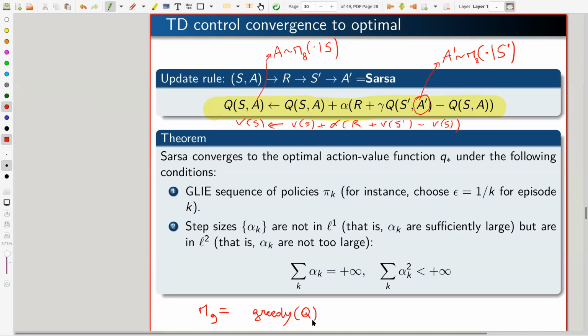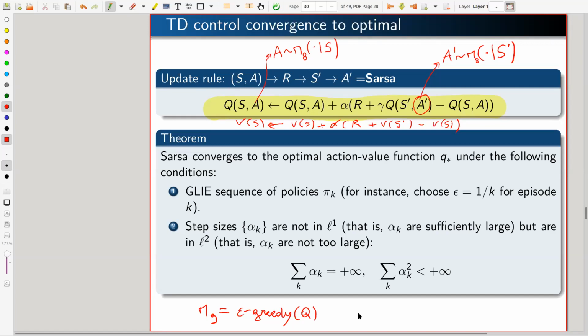Perfect. Let's say, since we know in advance that we have to explore, we will take the epsilon greedy improvement. And now we choose a new action from this new policy, right?